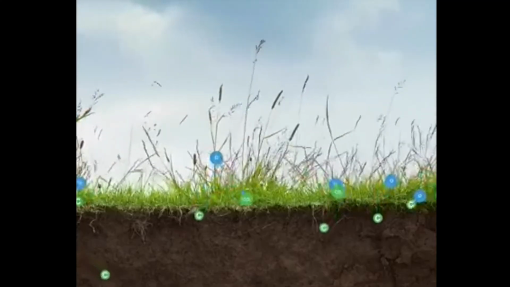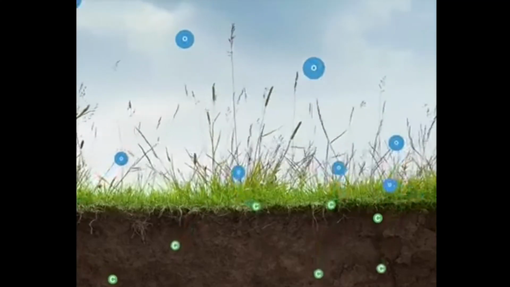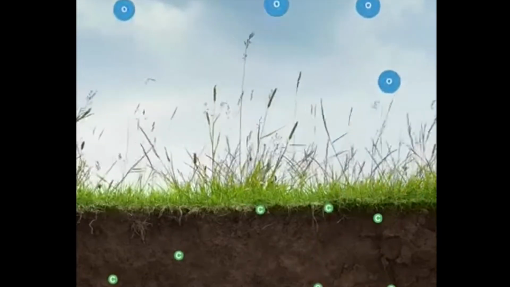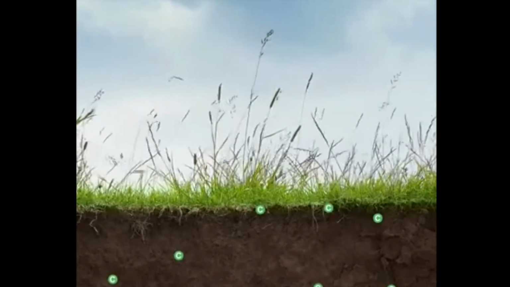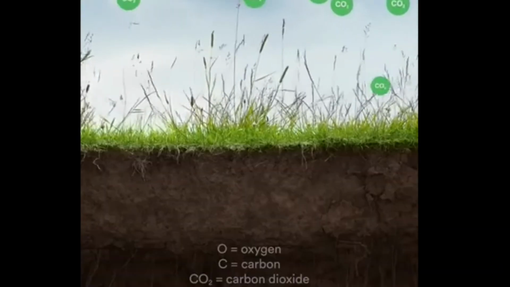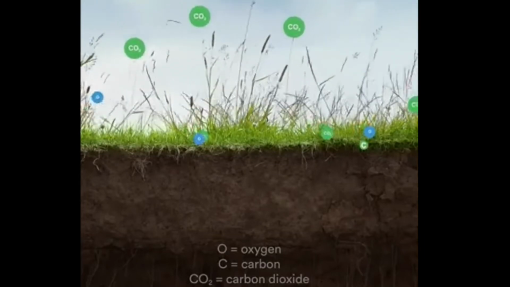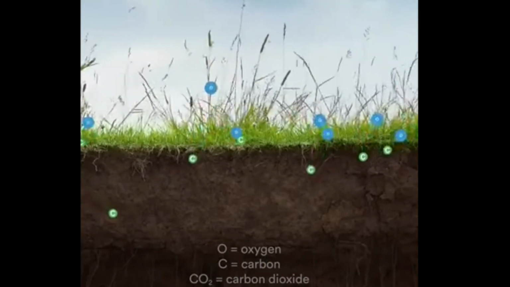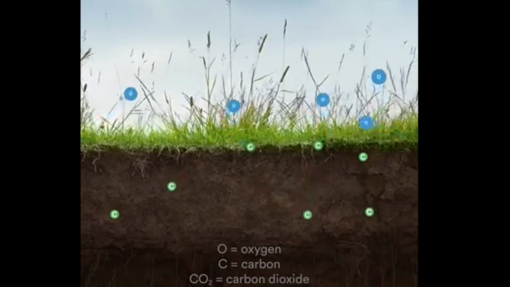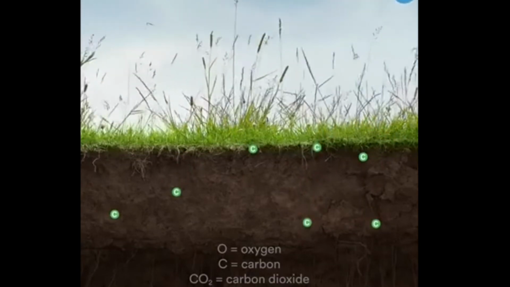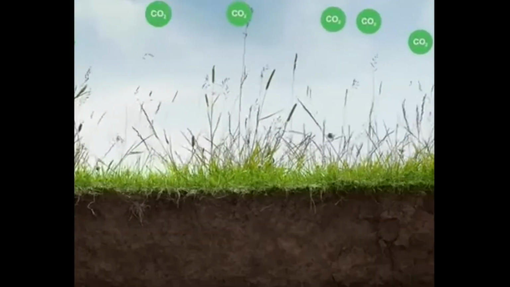These autotrophs absorb carbon dioxide and water and convert it into carbohydrates with the help of solar energy absorbed by chlorophyll, the green pigment in leaves.